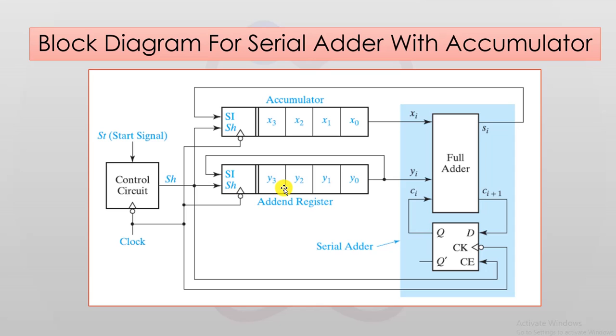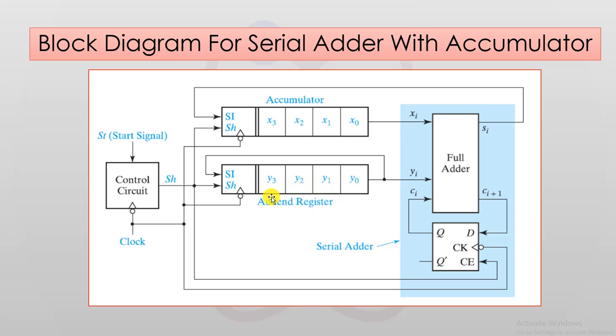So basically we are going to hold the two 4-bit numbers which are represented as X and Y. So this X register serves as an accumulator and Y register serves as an add-in register. When the addition is completed, the contents of the X register are replaced with the sum of X and Y.